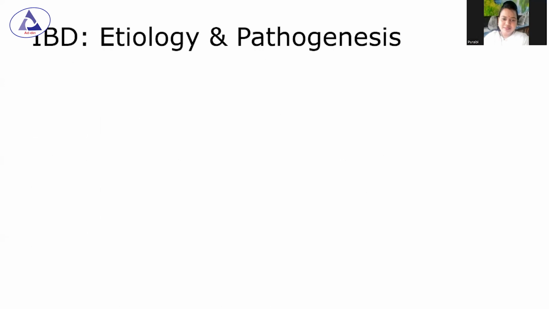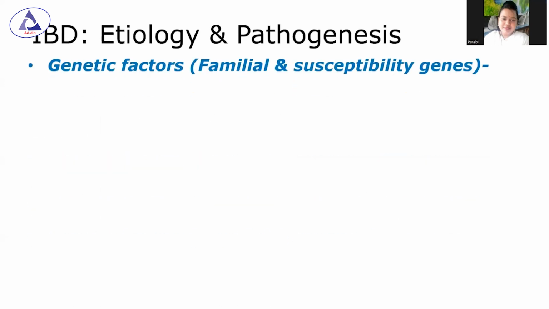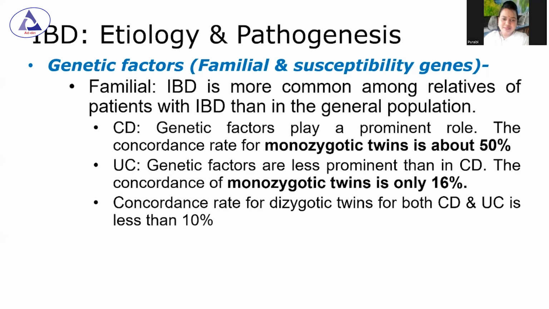Genetic factors: both familial and susceptibility genes. Familial inflammatory bowel disease is more common among relatives of patients with inflammatory bowel disease than in the general population. In Crohn's disease, genetic factors play a predominant role.